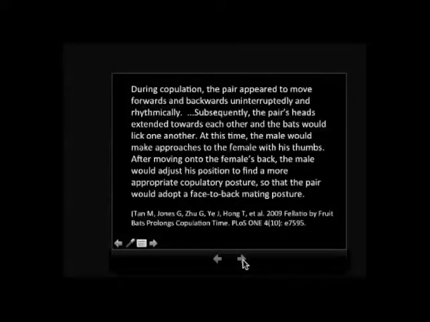Here, for example, is a typical arrangement of information as found in a research report on copulation among fruit bats. Notice here how the information is presented in a way that emphasizes a sequence of events, as highlighted by such words as during, subsequently, at this time, and after.